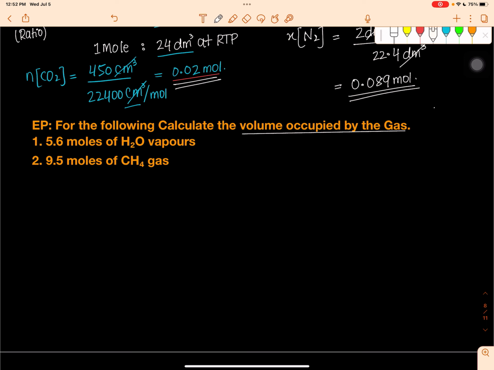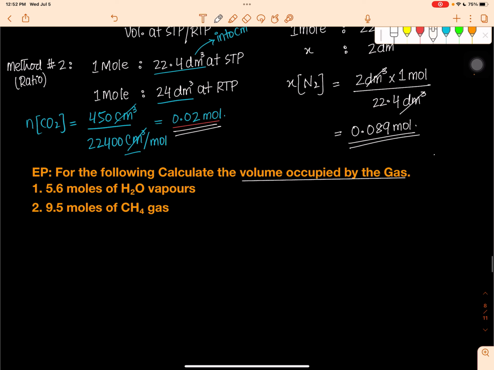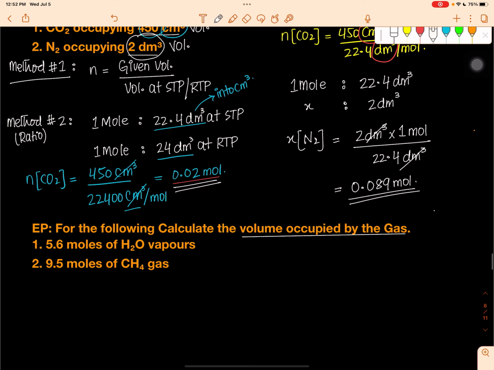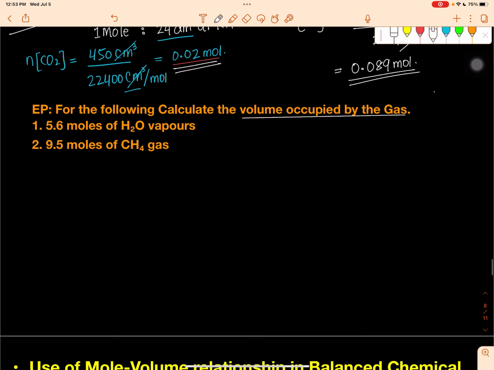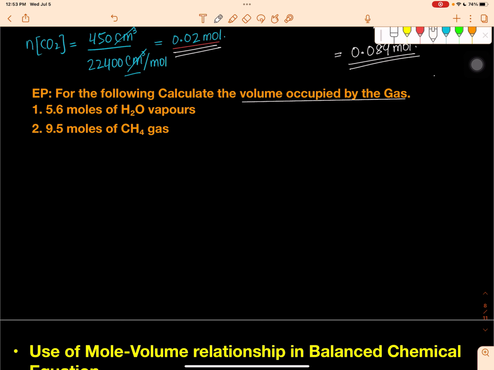So let's find out. We will be using the very same methods, either method number 1 or method number 2, whichever fits you best. I'll be using 2 different problems with 2 different methods. So we have problem number 1 and we will be using method number 1.